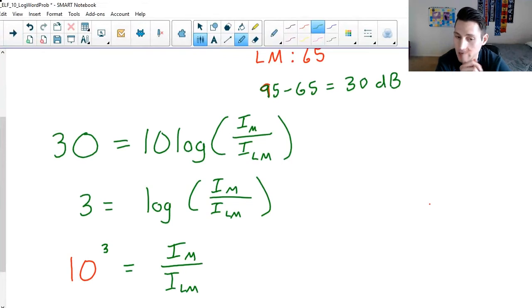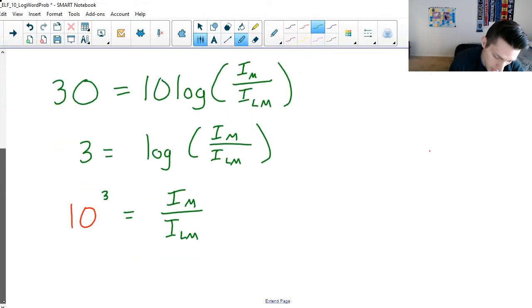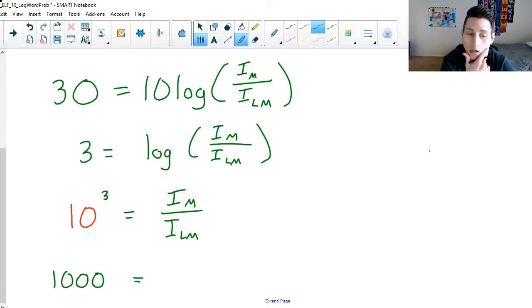The base 10 exponential would cancel the logarithm on the right side, so that I get 10 cubed, which is 1,000. So what does that actually mean? When I compare the intensities, the ratio of them is 1,000.